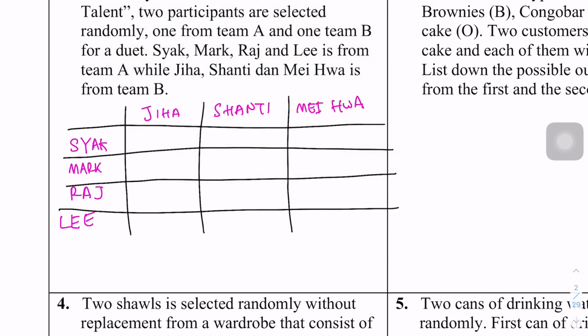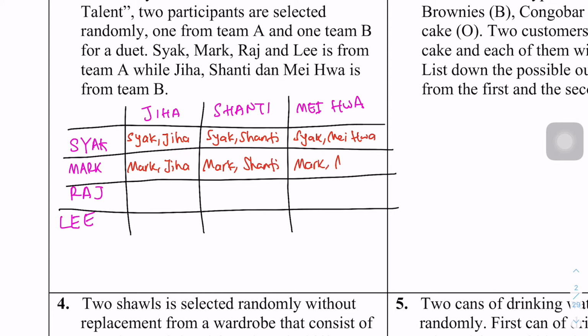The first ones are Shak Jiha, Shak Shanti, Shak Mei Hua, and then Mark Jiha, Mark Shanti, Mark Mei Hua, and then Raj Jiha, Raj Shanti, Raj Mei Hua.